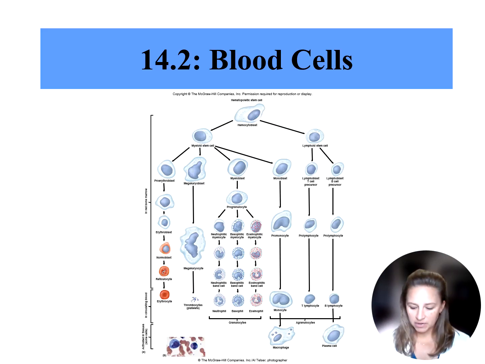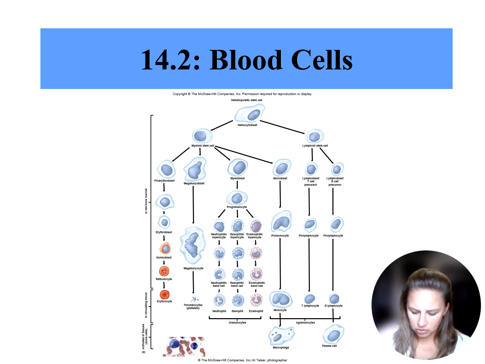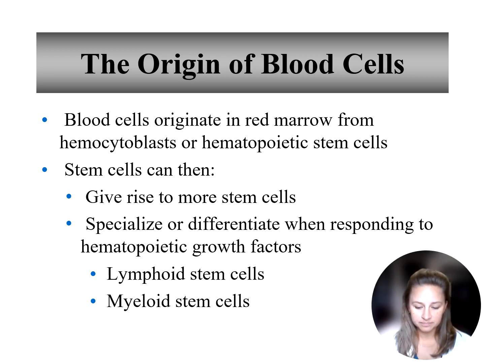So here's another breakdown of the blood cells. We're going to talk about each of these in more detail, and this is just a good schematic to show how each of these are going to give rise or where they come from. So again, really red blood cells, white blood cells, and then we'll talk about platelets a little bit later.